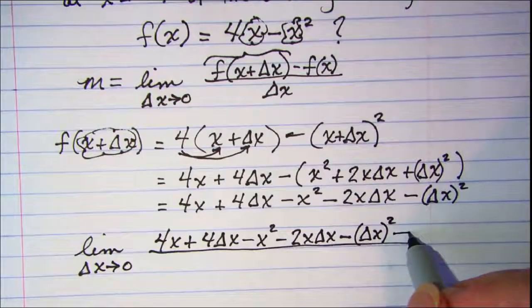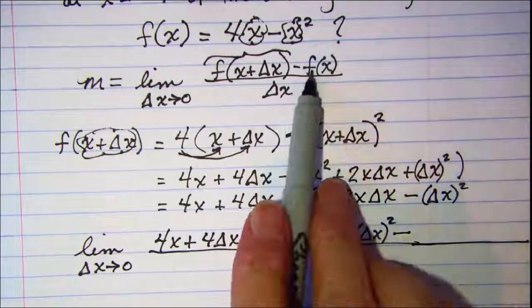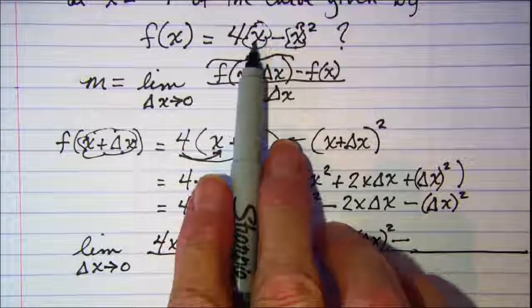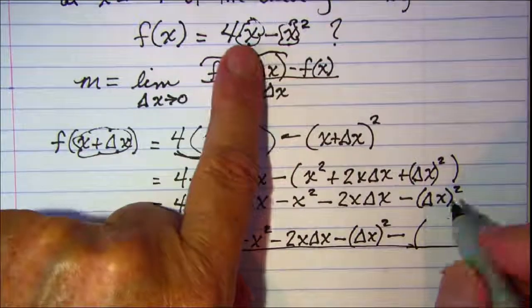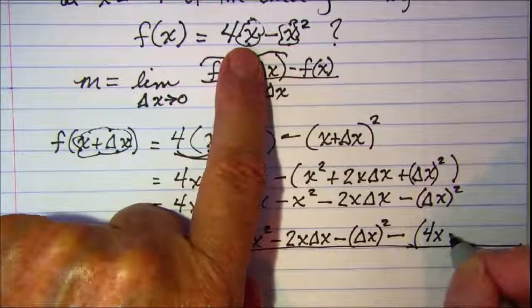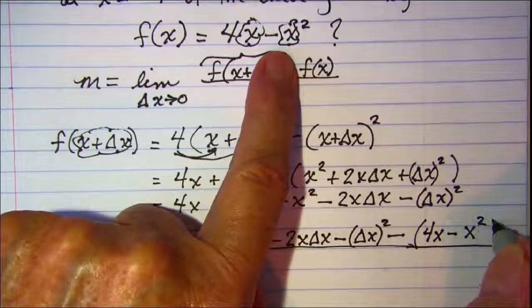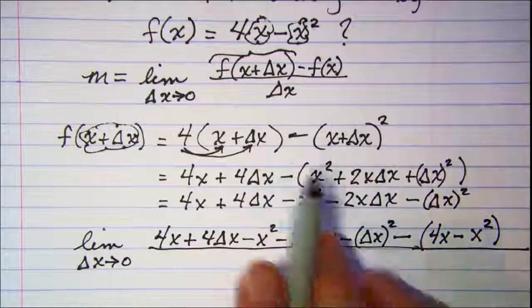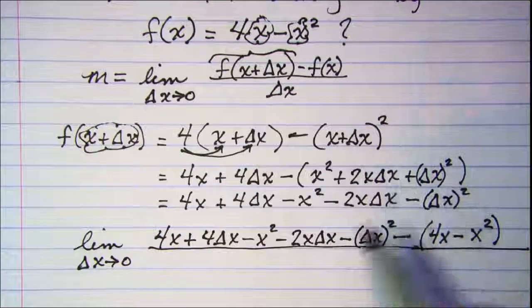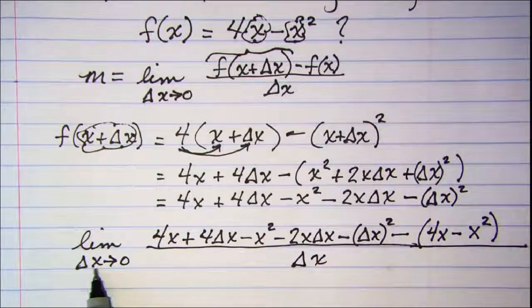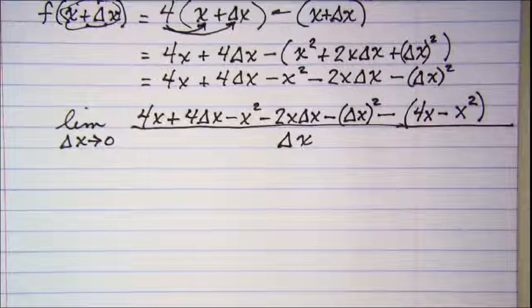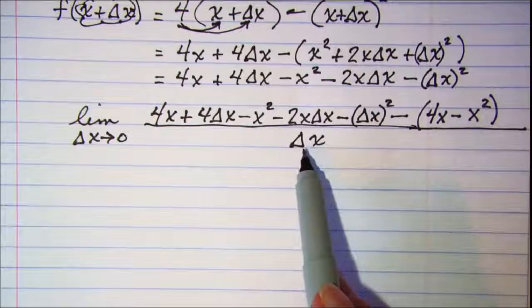And then I'm subtracting from that f of x. So let me copy that in parentheses. F of x is 4x minus x squared. So that's my numerator, and then delta x is in the denominator. Well, obviously you can't do direct substitution. Delta x is approaching 0. That would cause division by 0. So hopefully something will happen that will cancel this off.